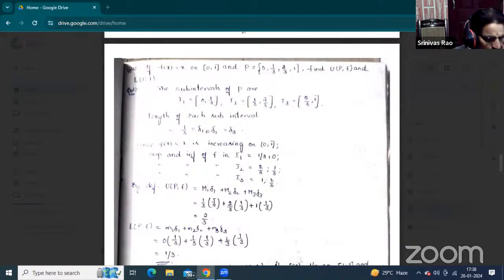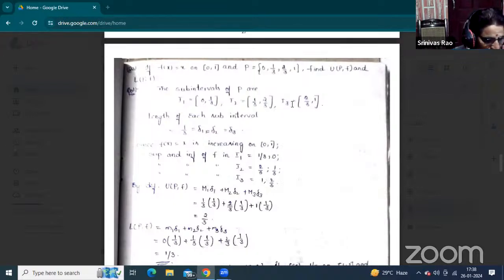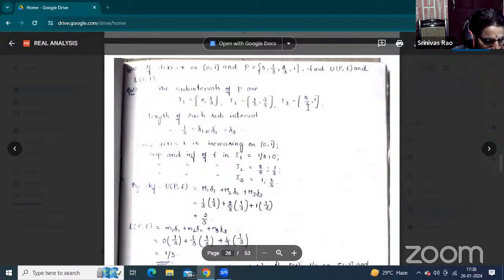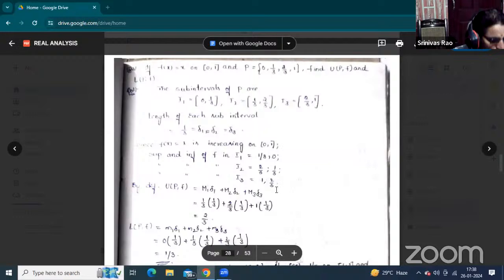Similarly, capital M3 equal to 1, because the third subinterval's upper value is 1, so f of 1 equal to 1. And small m3, with lower value 2/3, f of 2/3 equal to 2/3.